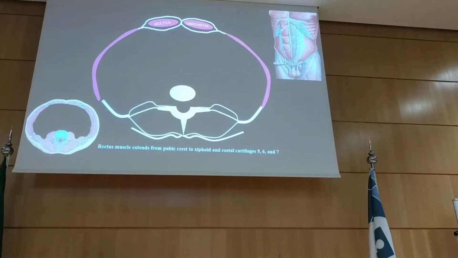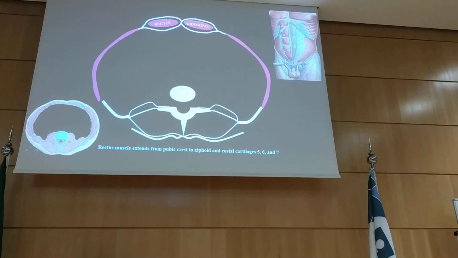Passing by the forehead. So this is here rectus abdominis. Rectus abdominis is in an envelope, in a sheath. A sheath is an envelope made either by aponeurosis or fascia.